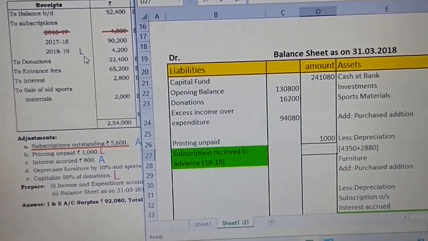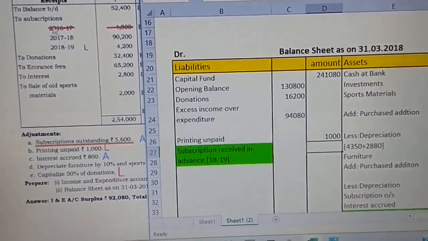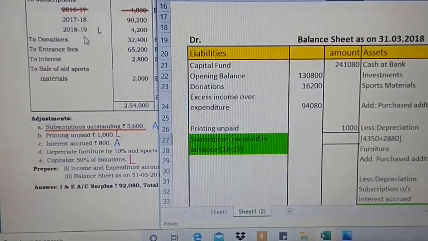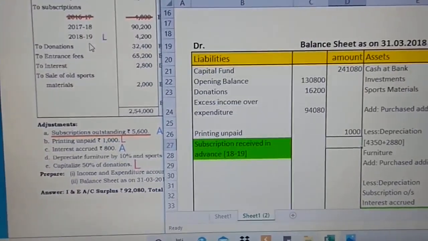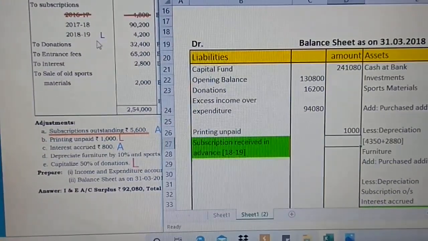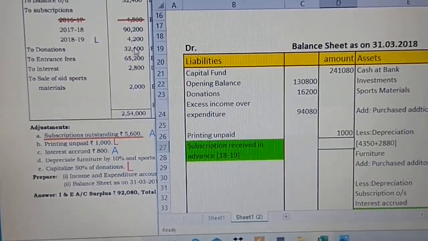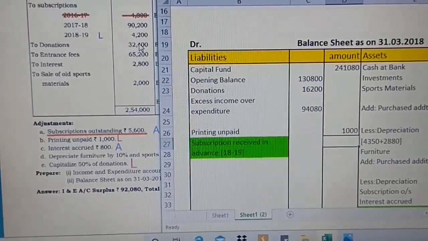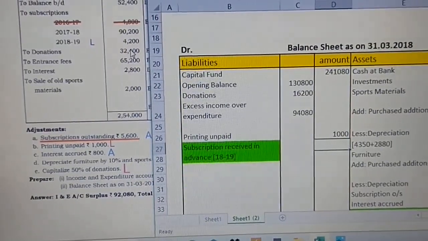Could you find here? I've written here as L, liability, subscriptions received in advance for the next year, 18 and 19. So subscriptions received in advance for 18 and 19 is always treated as a liability. Anything received in advance, income received in advance, liability. Payment made in advance, asset side.